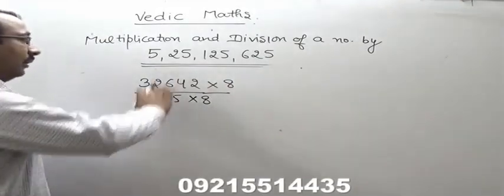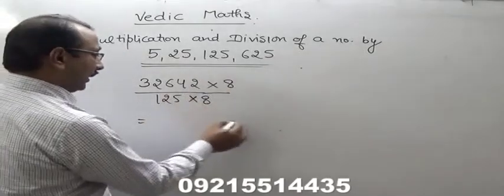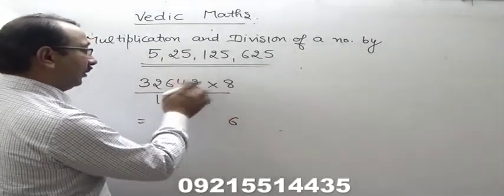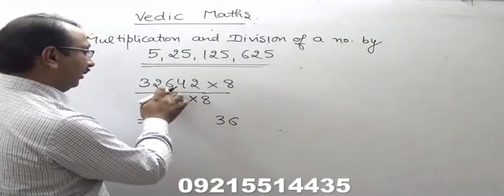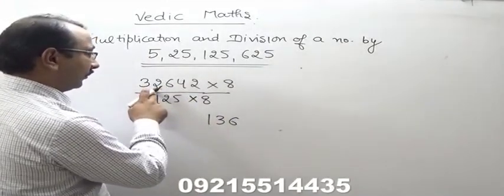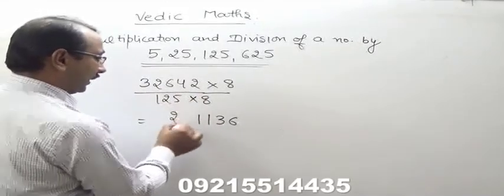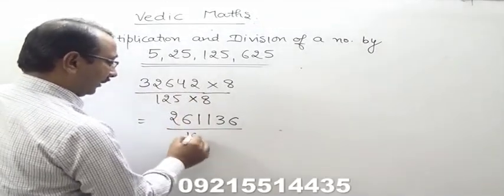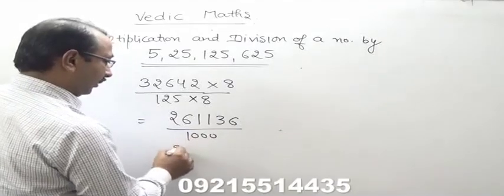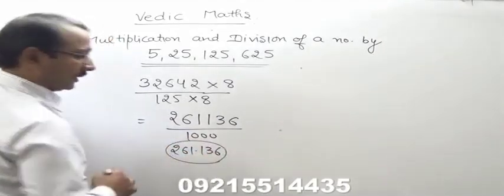Now multiply this by 8: 8 2 16, 6, carry 1, 32 and 1 is 33, 3, carry 3, 48 and 3 is 51, carry 5, 16 and 5 is 21, carry 2, 24 and 2 is 26. And divide this by 1000, so that gives me 261.136. That becomes my answer.